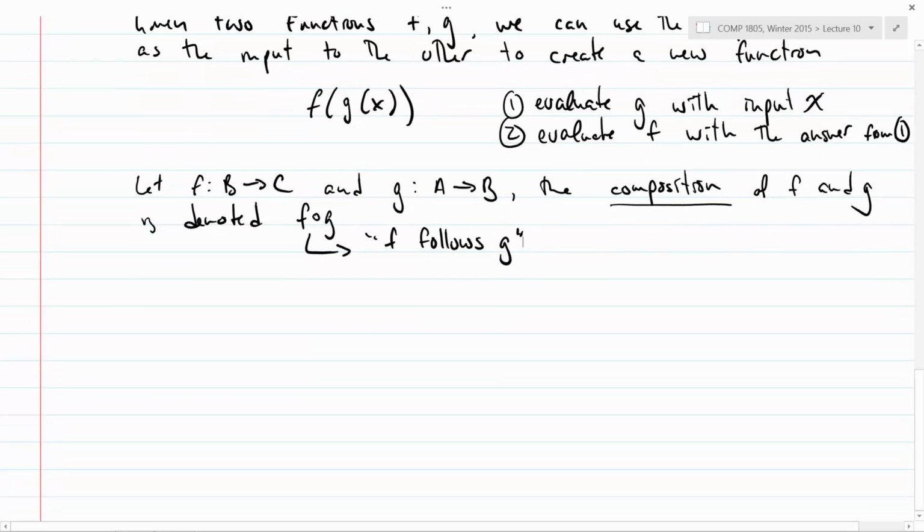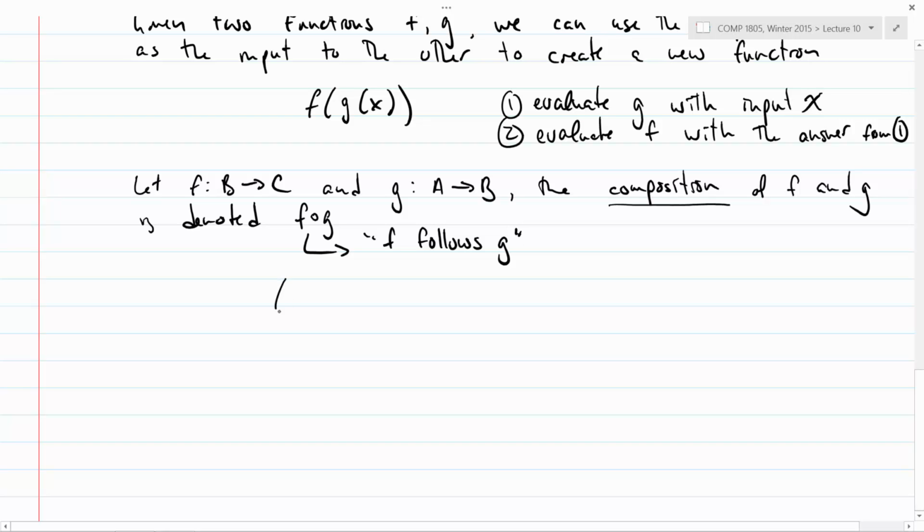All right, so it's defined in the following way. f follows g of x is equal to f of g of x. Okay? And note, it's really important that we have g going from A to B and f going from B to C. So for f follows g to be defined, the range of g has to be a subset of the domain of f.